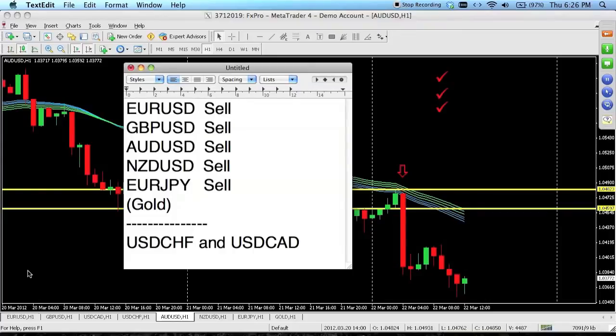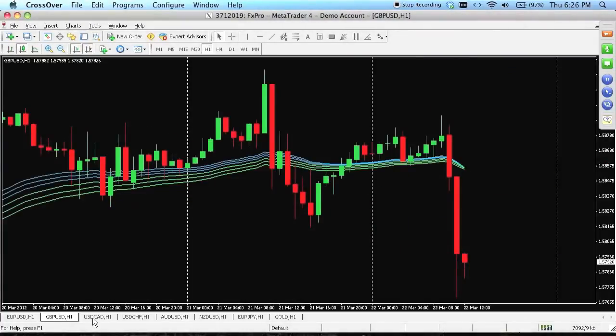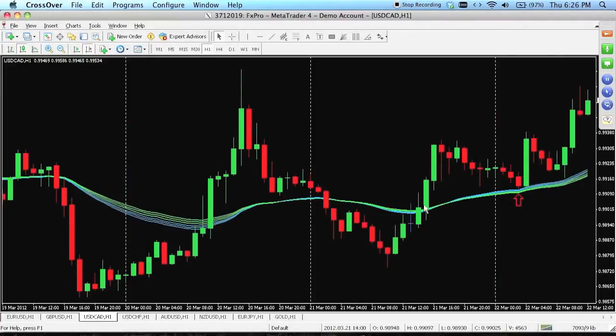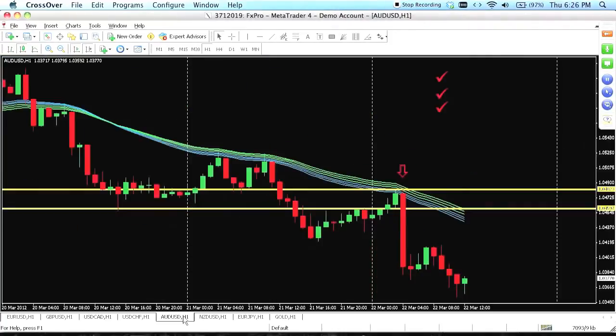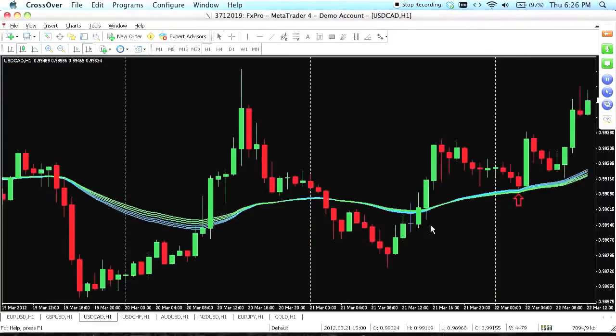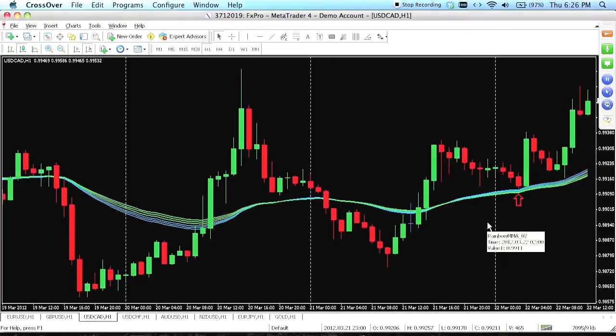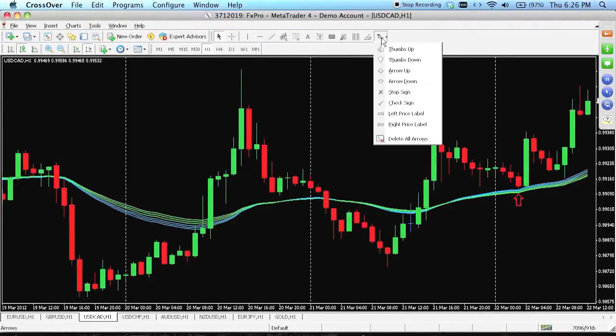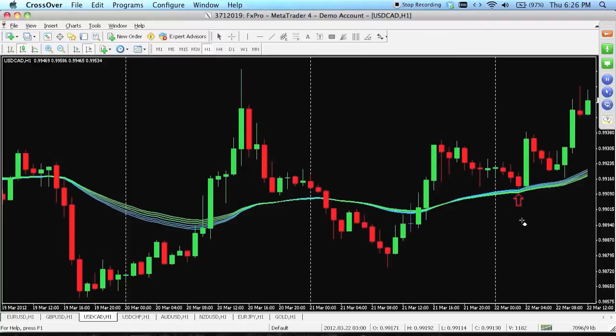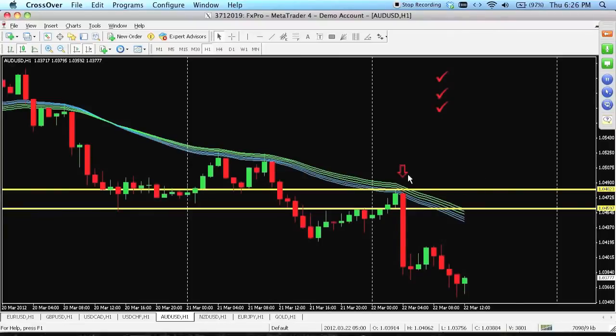Now you remember, Andrew, when we looked at US dollar CAD at that very same time, and you said that there was a trade, but we said no, there's not a trade because of congestion. Tell you what, in this particular case now that we're looking at correlation, this is a win. Why? Because Aussie dollar, we have a sell.